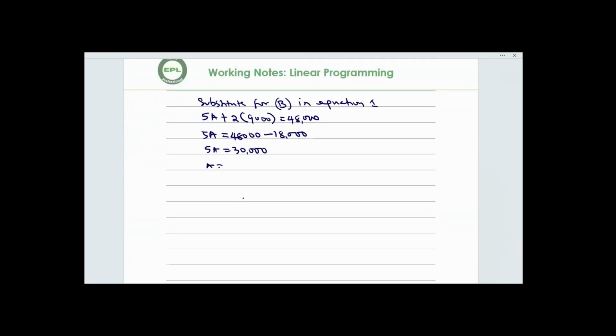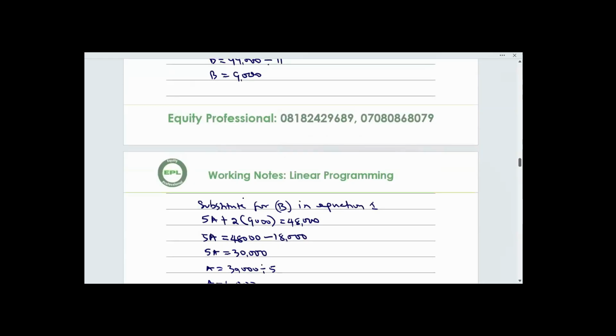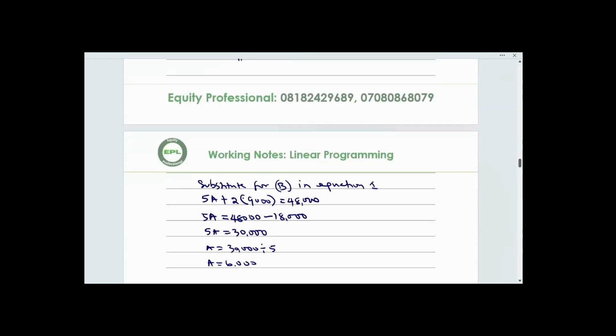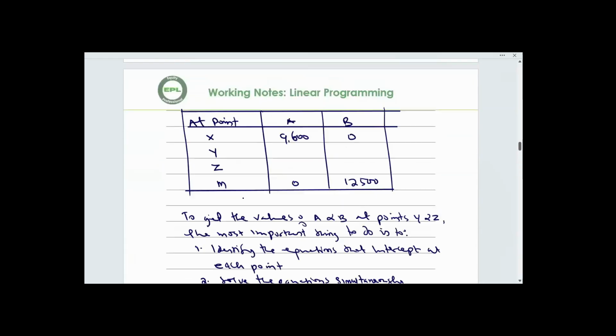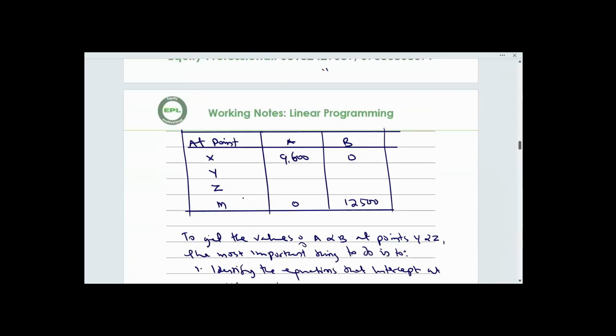Therefore, A equal to 30,000 divided by 5. So A equal to 6,000. So A is 6,000, B is 9,000. So I can then come here. A is 6,000, B is 9,000.